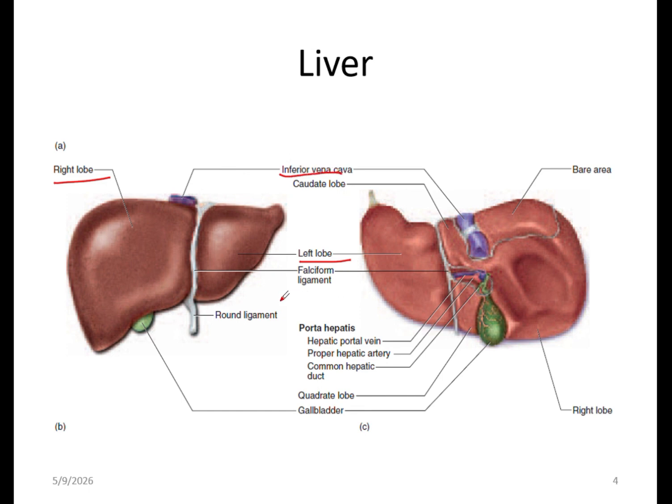There is a ligament present between the right lobe and left lobe, known as the falciform ligament, and this green part is the gallbladder.